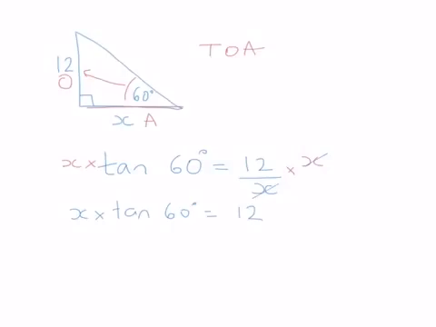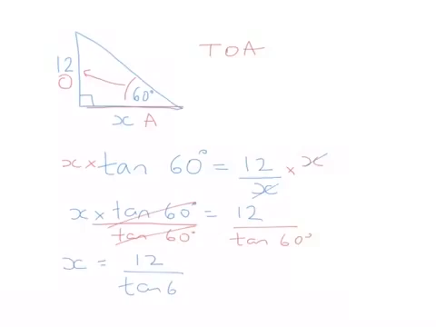At the moment it's been timesed by tan of 60. The opposite of timesing by tan of 60 is dividing by tan of 60. Once again, I have to do it to the other side as well. Those two cancel, so I'm just left with x equals 12 over tan of 60.